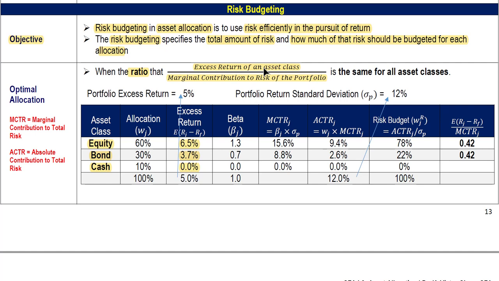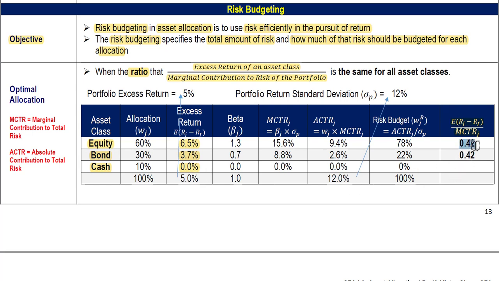If we calculate this for each class, here on the right-hand side, we use the risk premium divided by the marginal contribution to the total risk. In this case, this is the optimal solution.